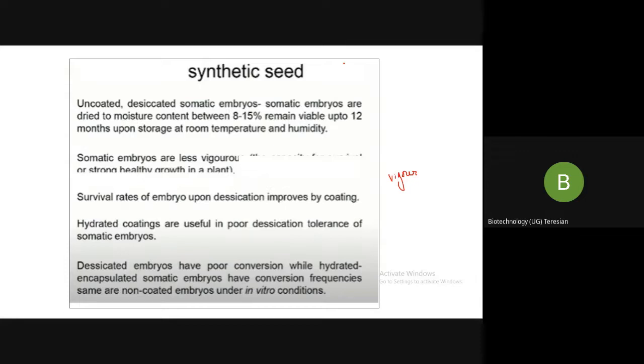That is how well it regenerates into the whole plant, protection from the environment, and it should be a viable one. It should not become non-viable once you are using it. If it is non-viable, you can't do anything, it's a waste.